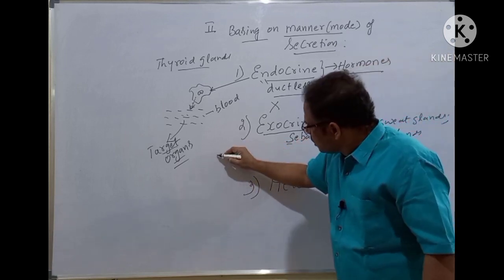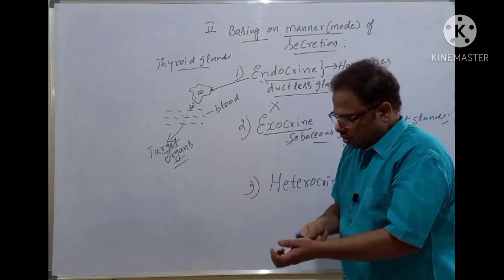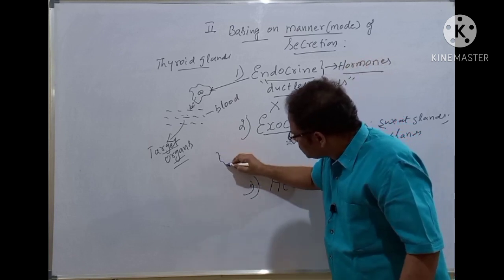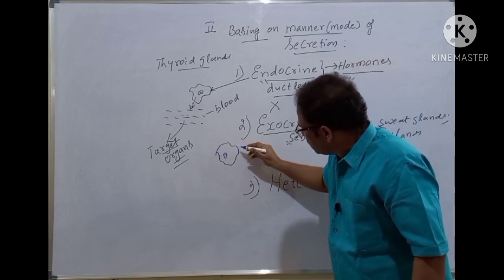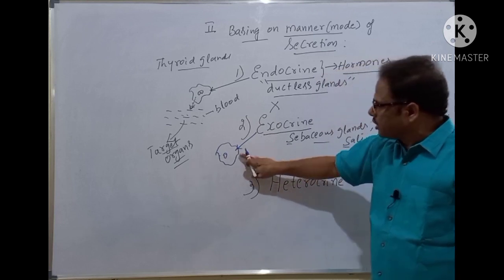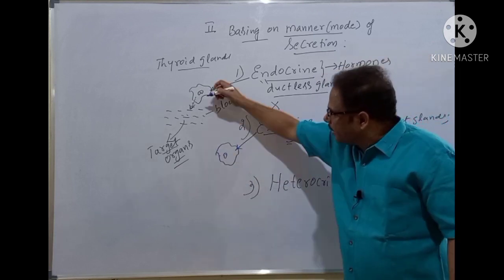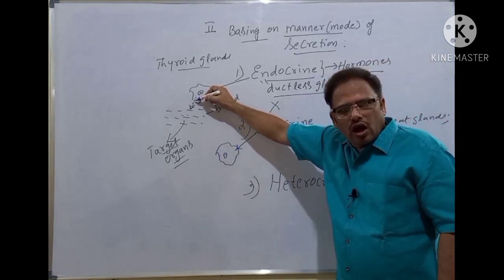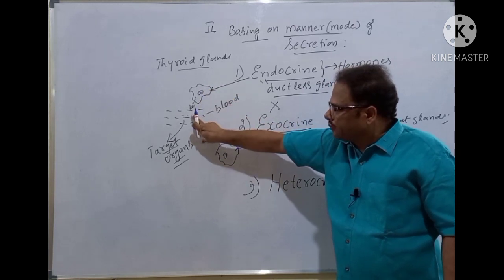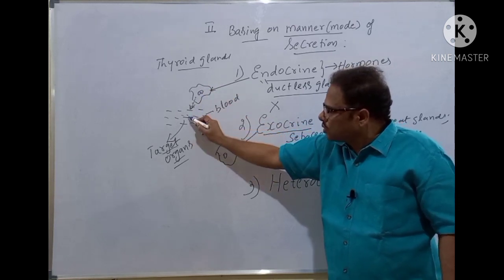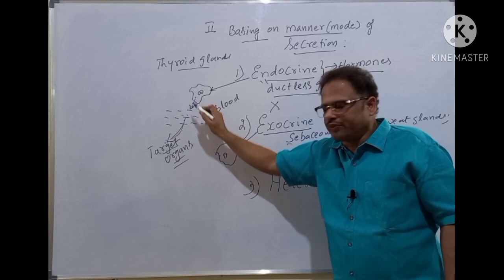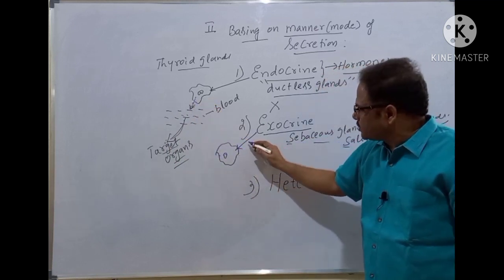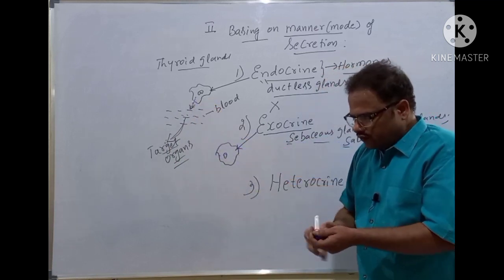Here, another story is totally different. This is an endocrine gland, isn't it? But here, there is no duct. The hormones are directly released into the blood, and through the blood, the hormones reach the target organs. Whereas in the case of exocrine glands, there is a duct.